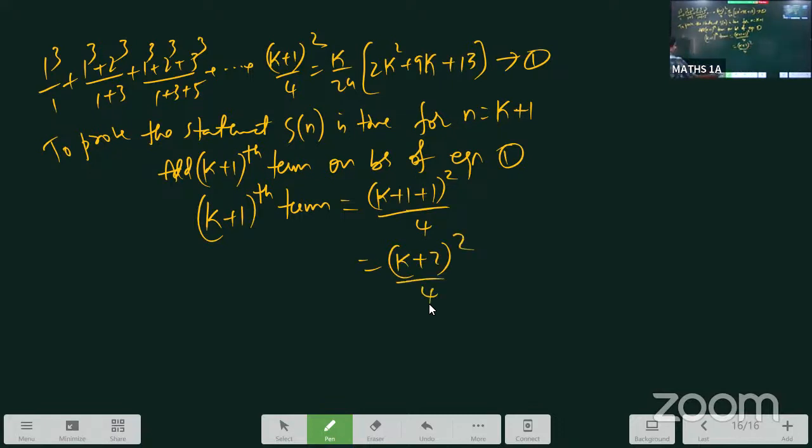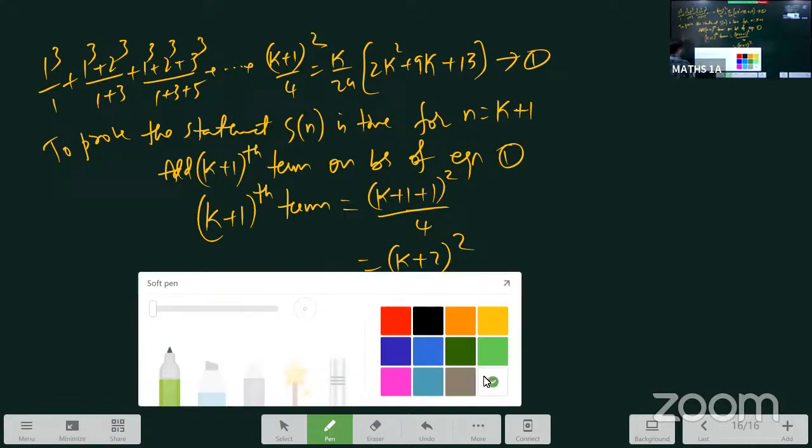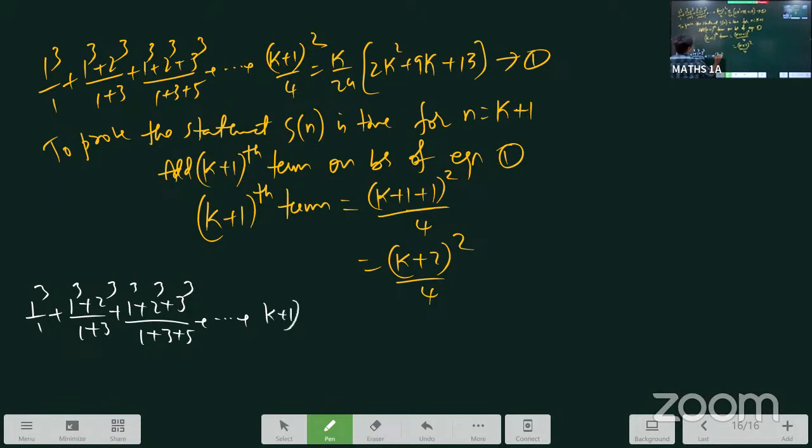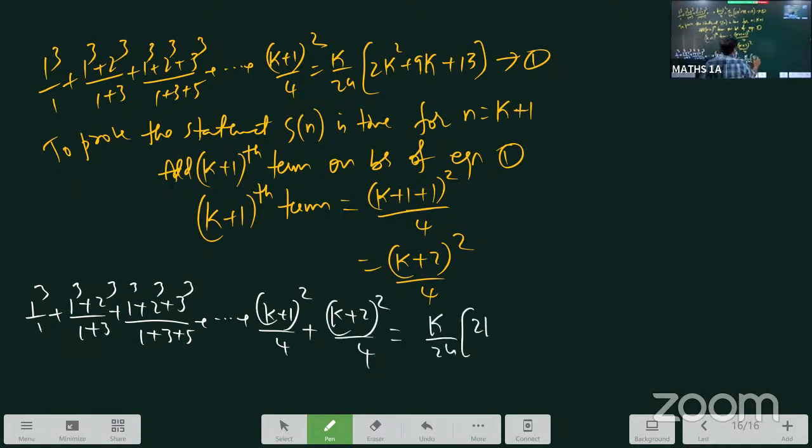That is, 1³/1 + (1³+2³)/(1+3) + (1³+2³+3³)/(1+3+5) + so on + (k+1)²/4 + (k+2)²/4 equals k/24 (2k²+9k+13) + (k+2)²/4.